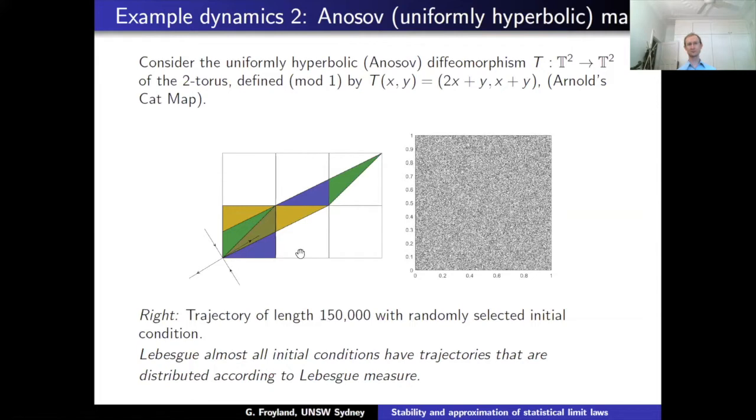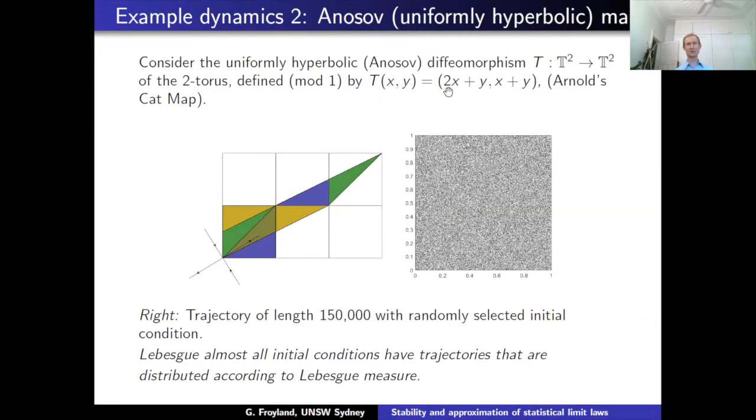If you run a long trajectory, here this has 150,000 points, you get a distribution like this. And this should be distributed according to Lebesgue measure, and that looks like that is the case. And it doesn't really matter where you start. So Lebesgue almost all initial conditions have trajectories distributed according to Lebesgue.